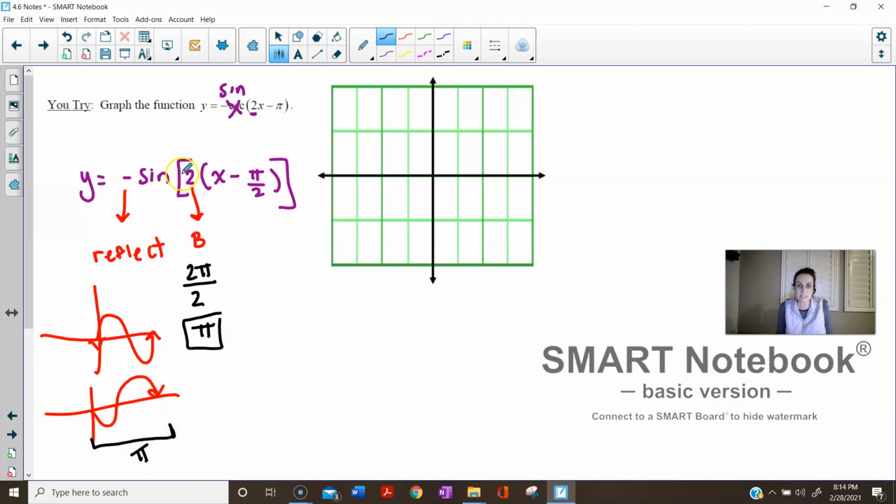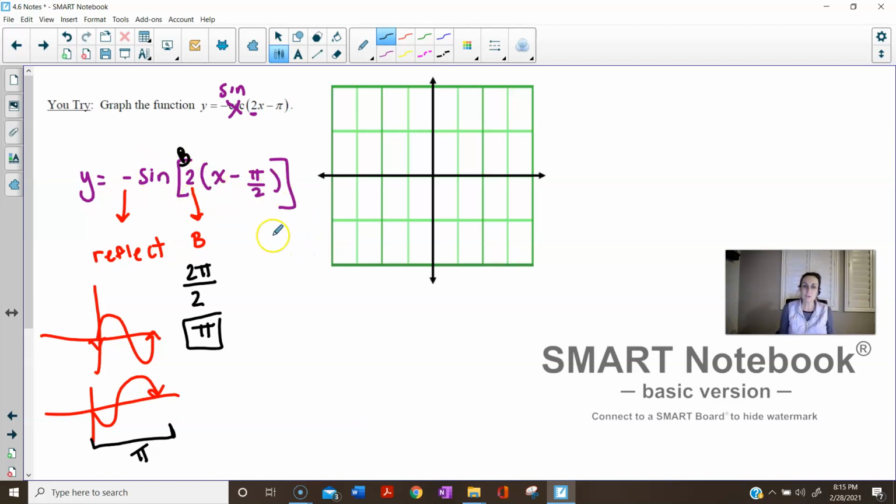All right, so that's what this 2 does here. We refer to this as B, and it changes the period. It's basically the horizontal stretch or shrink, which is also going to change your frequency, because now we're getting a down and under, up and over every pi units, which means every 2 pi units we get 2 of those. And that's why we have a 2 here.